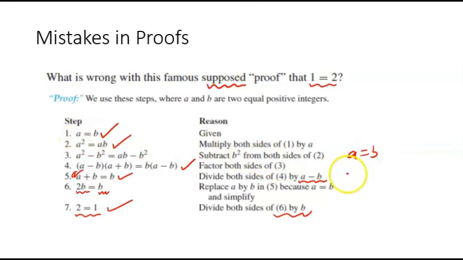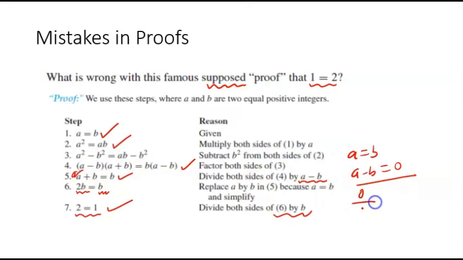Since a and b are equal, a minus b is equal to 0. So basically we are dividing both sides by 0, which is mathematically not permitted. Or you can think of it like this: we are basically cancelling out 0 from both sides, right?